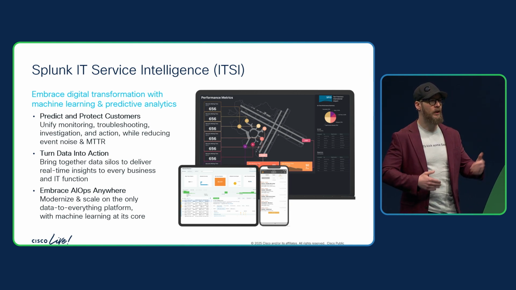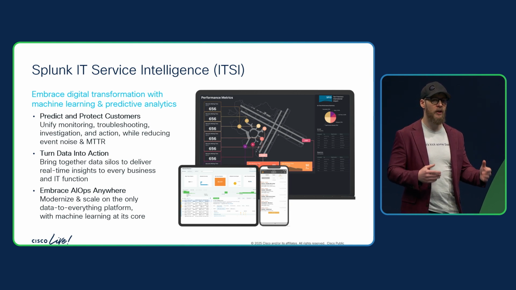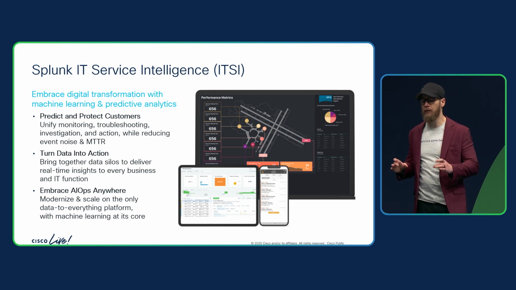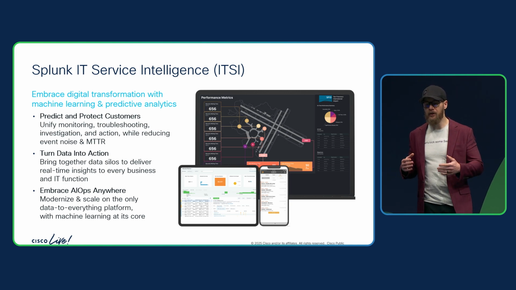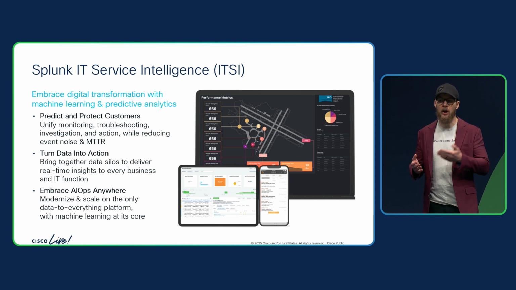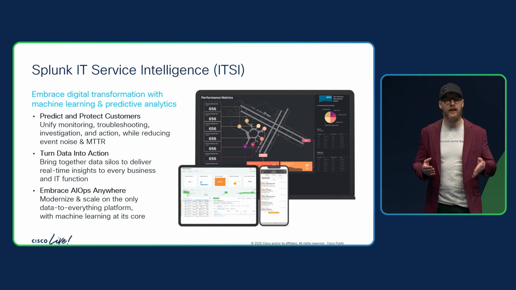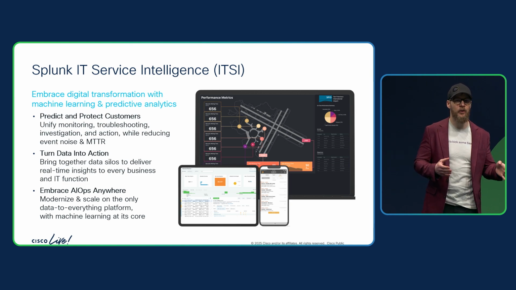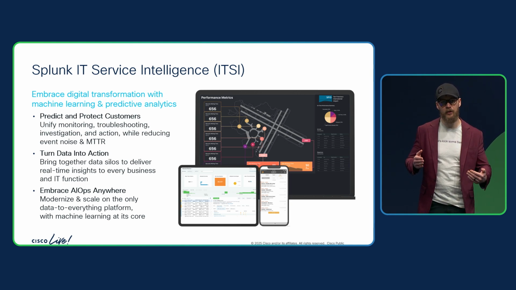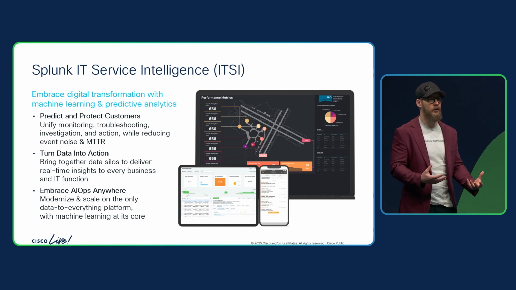So instead of dealing with a laundry list of alerts, you're dealing with optimized episodes that represent a singular condition in your environment. It also allows you to apply that AIOps concept. So we're taking models that are aligned to your data types and applying them to your data and your services such that we're reducing that mean time to detect issues, mean time to respond to issues, and then proactively prevent those issues in the future.